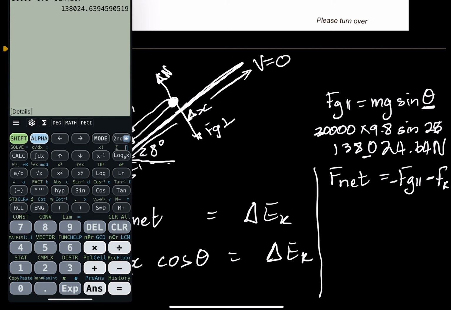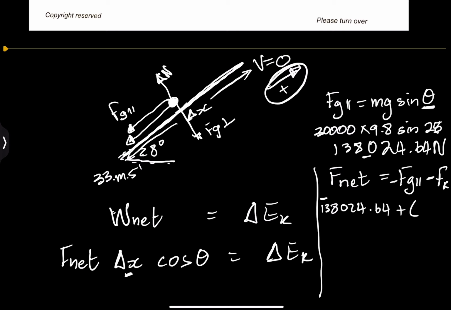So this is going to be 138,024.64 plus, in fact, I should have said minus that value, plus a negative. Now remember, I'm considering the direction of motion as being positive. It always helps us there. A negative, in this case, the frictional force.